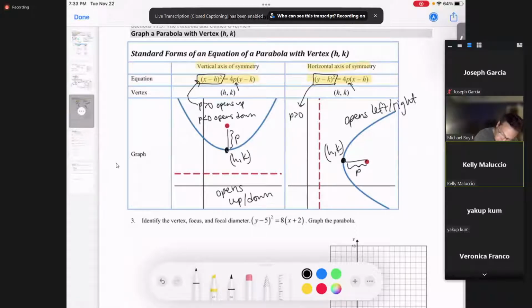If p is greater than 0 here, it opens right, and if p is less than 0 here, it opens left. So the p value does determine the direction, but it also depends on what value is being squared on the left-hand side. Is it the x squared or is it the y that we're squaring?